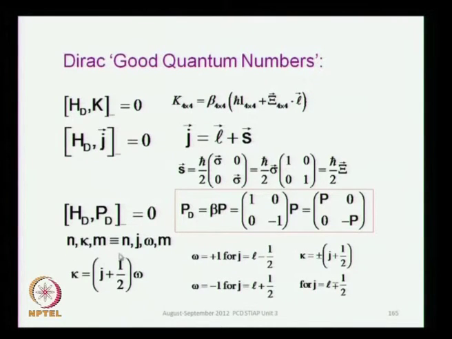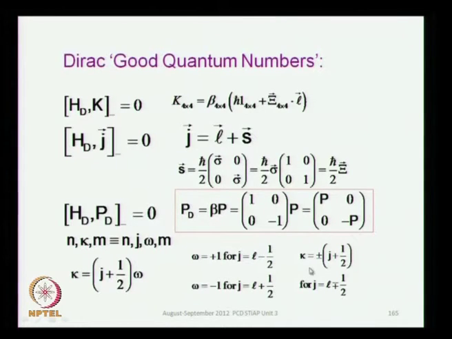So, these are the quantum numbers that you get for the Dirac state. The quantum numbers are n, kappa and m. Kappa contains information about parity. So, there is an omega which is introduced, which is defined to be equal to plus 1 when j is equal to L minus half, and it is equal to minus 1 when j is equal to L plus half.